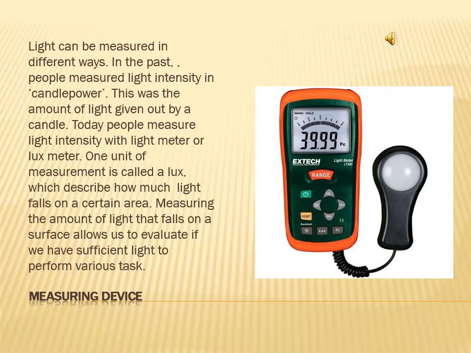One unit of measurement is called a lux, which describes how much light falls on a certain area. Measuring the amount of light that falls on a surface allows us to evaluate if we have sufficient light to perform various tasks.